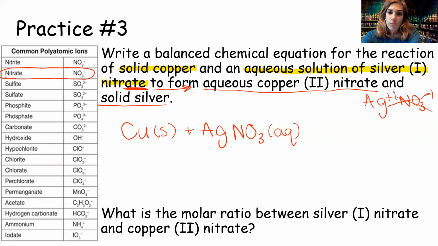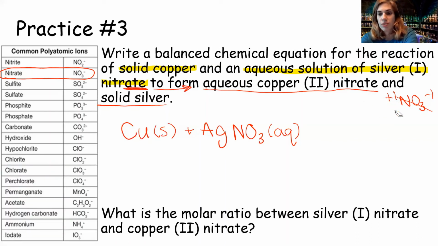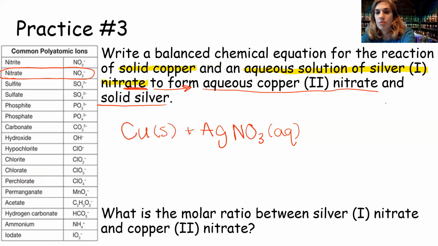And it forms aqueous copper 2 nitrate. So once again, I'm going to do my cross and drop. This time I'm going to do that for copper 2 nitrate. So I am going to erase this part here. And now I'm going to do it for copper. So copper 2 means that copper has a 2+ charge.